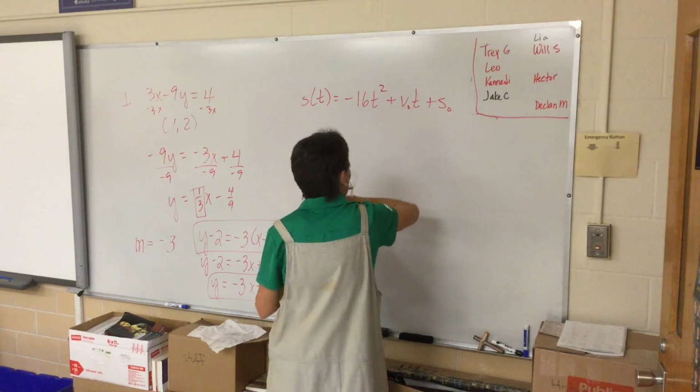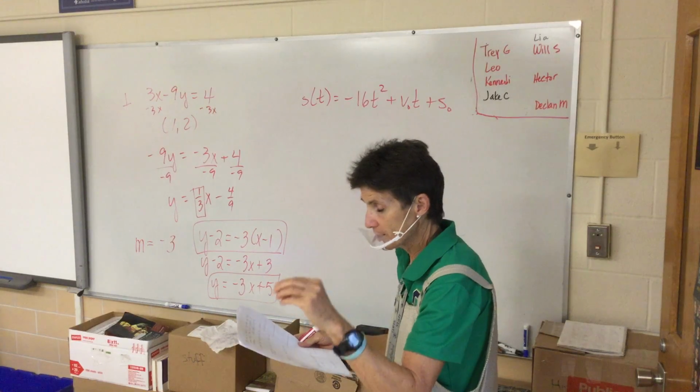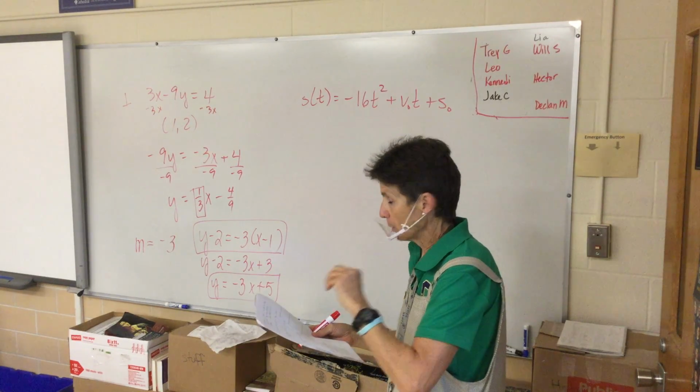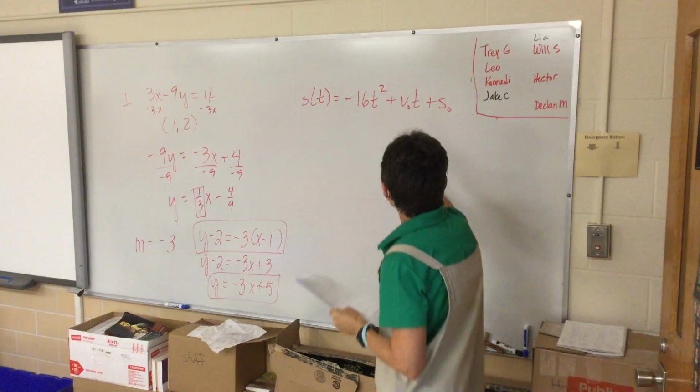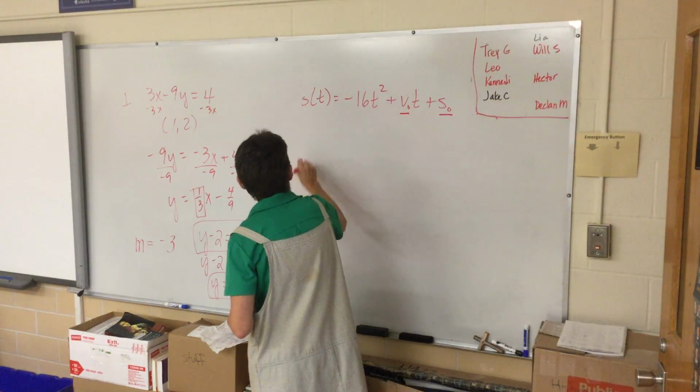Right, so there's our general formula. So now we're going to read question 8, and we're going to plug in this number and this number, and that will be the answer to A.